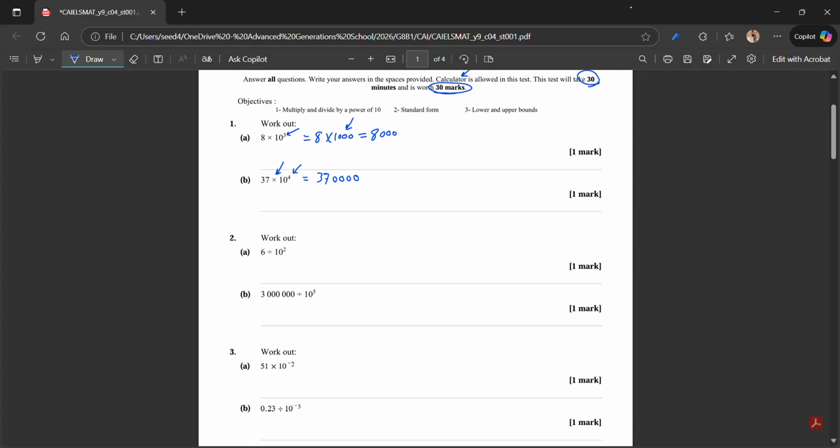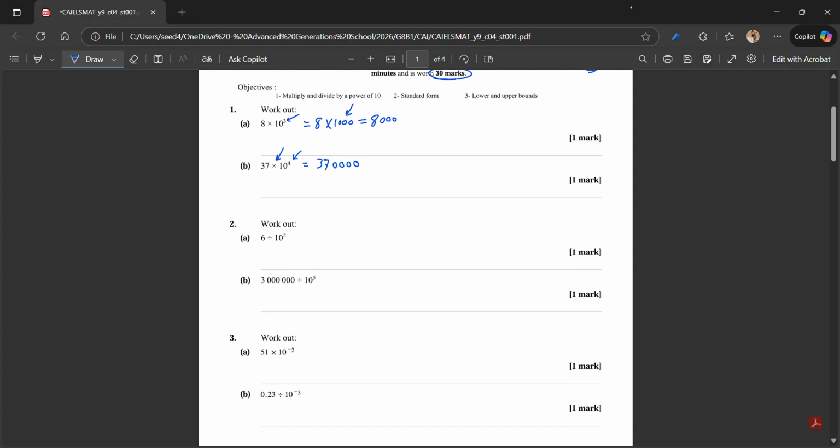Number 2 here, guys, he said 6 divided by 10 power 2. Don't forget here, once it's a division and the power is positive, we have to move the decimal point to the left side 2 digits. Okay, so here the decimal point is on the right side, so move it back 2 digits.